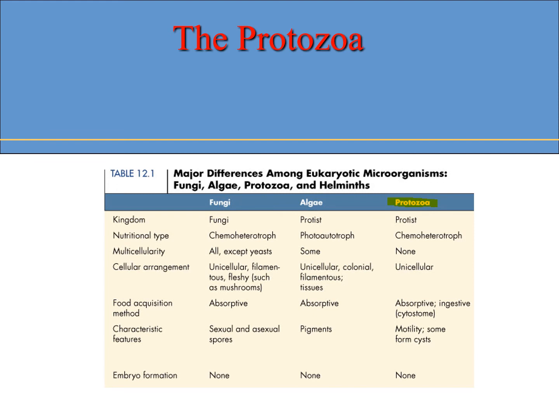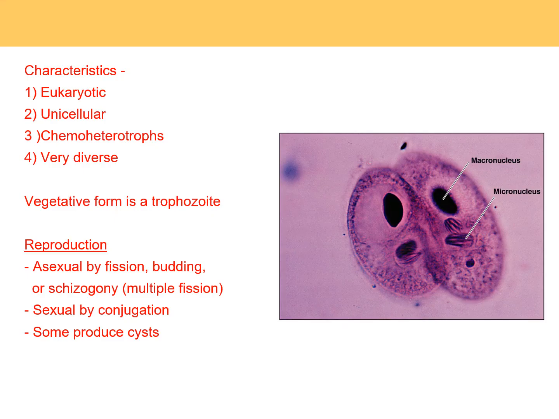They are single-celled eukaryotic organisms that are neither plant nor animal. They are chemoheterotrophs. So eukaryotic, unicellular, chemoheterotrophs, an extremely diverse group of single-celled organisms. Often they will have a vegetative form, which is always called the trophozoite.